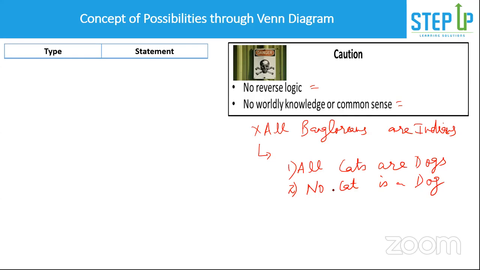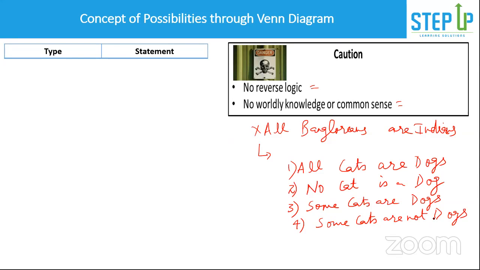Third category could be if I say some cats are dogs. And statement four could be some cats are not dogs. So these are four categories of statements.